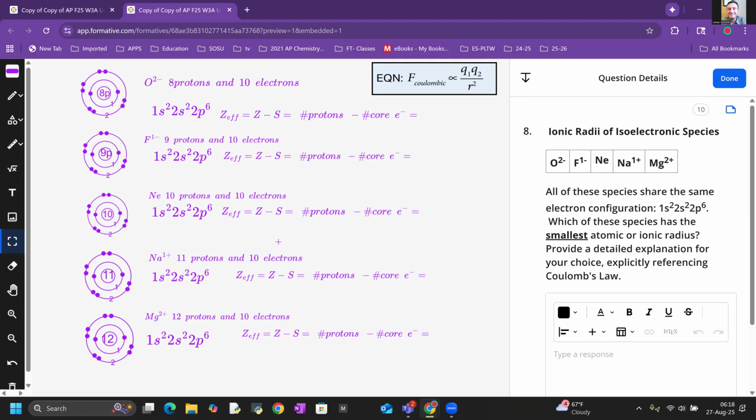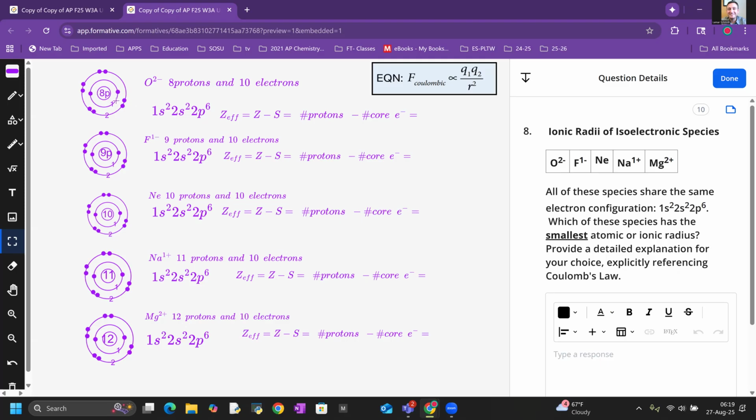So if we want to determine their size, we can look at the pull these valence electrons have towards the nucleus. So how much is the nucleus pulling these electrons in towards it?